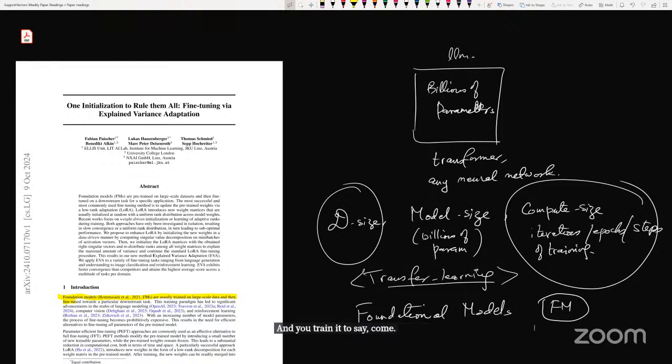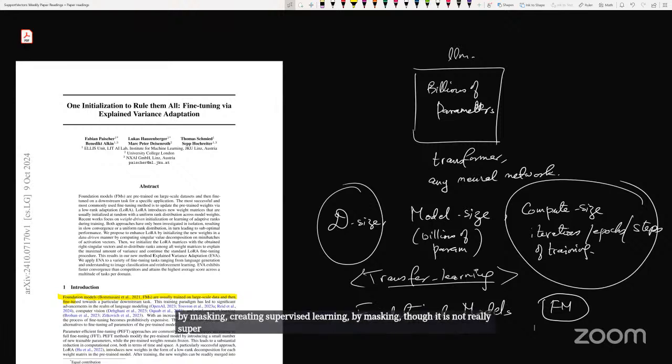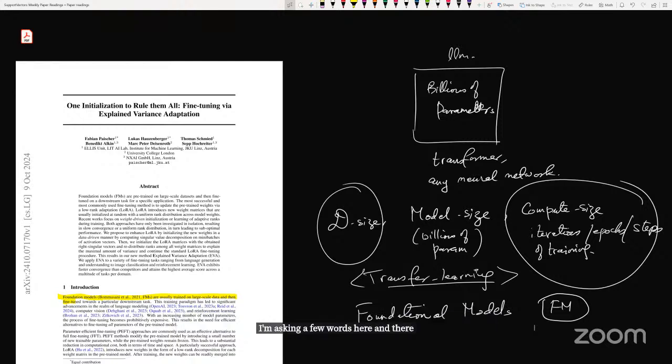That sort of training, creating supervised learning by masking, though it is not really supervised learning because you don't have labeled data, but you artificially create labeled data by masking a few words here and there, and then converting vast amounts of web data into essentially x_i and y_i, in other words, input-output, and then training the machine with it. It turns out, that trains that foundational model BERT.